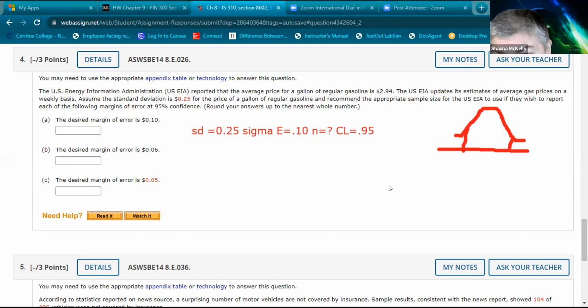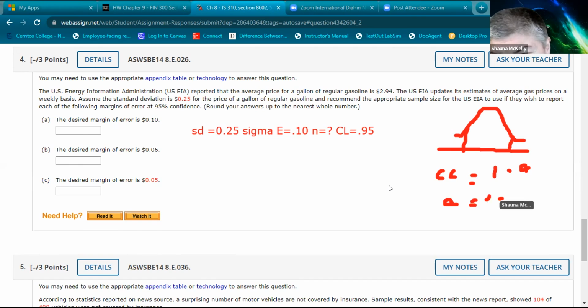So your confidence level is always 1 minus alpha, right? But we need to know alpha. So it turns out that alpha is 1 minus the confidence level, if you manipulate the equation.